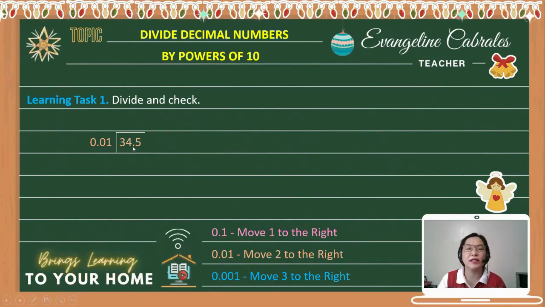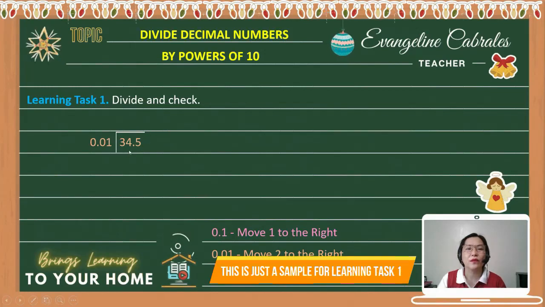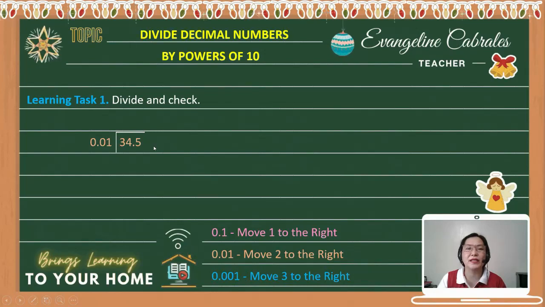So, mula dito sa decimal point na ito, let us move to 1, 2, may bakanteng space, kaya anong ilalagay doon? 0. So, this will be 3,450 divided by 1, and the answer is 3,450.